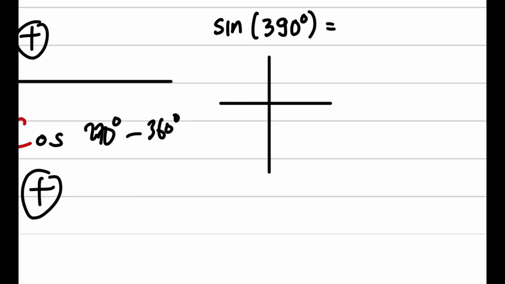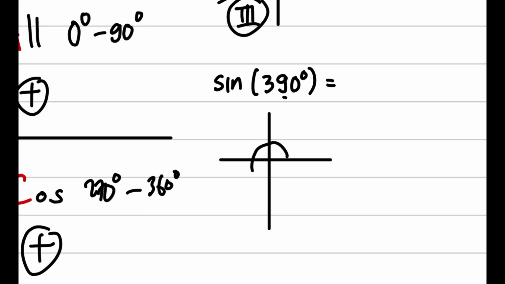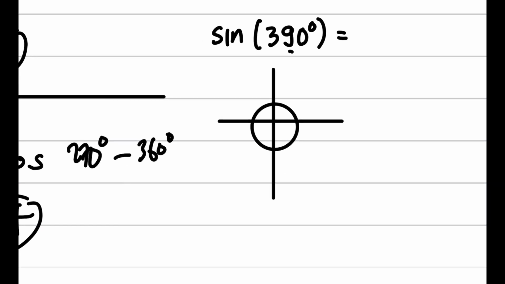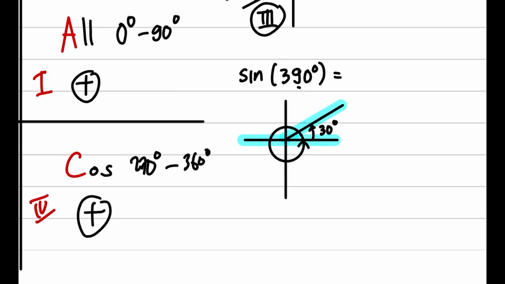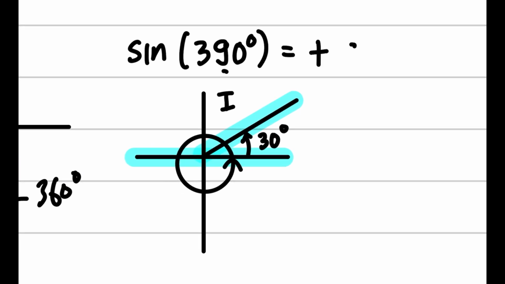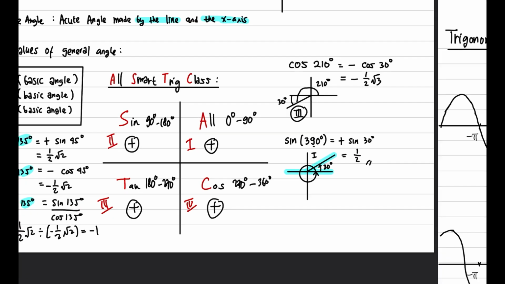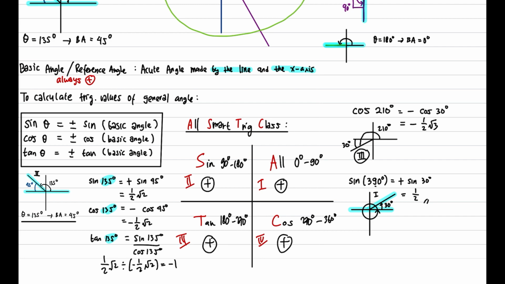You draw the angle first. 390 degrees is 360 degrees, and then you go 30 degrees extra. So around here, this is 390 degrees. The basic angle is 30 degrees because the basic angle is created by the line and the x-axis. And because this is the first quadrant, all are positive, so we have positive sine of the basic angle. So you will get 1 over 2. So you can find the trigonometric value for any angle that you want.